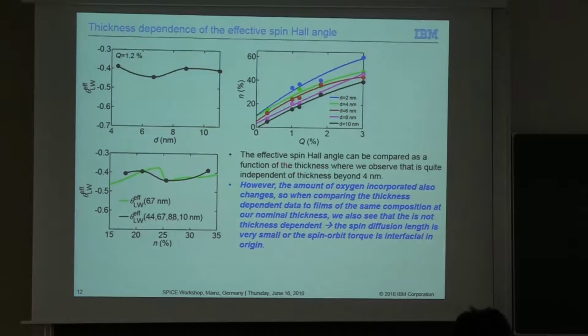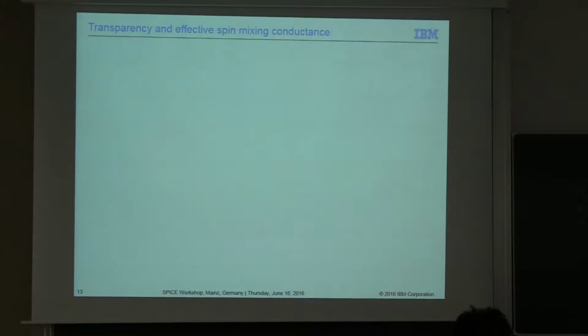To prove that it was an interfacial effect, what we did was we decided to disrupt the interface between these two magnetic layers. Before I describe how we did that, I want to review a concept which we've recently been using in our group, so-called transparency.